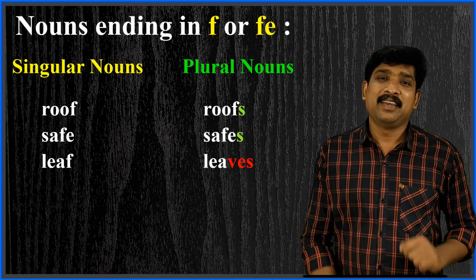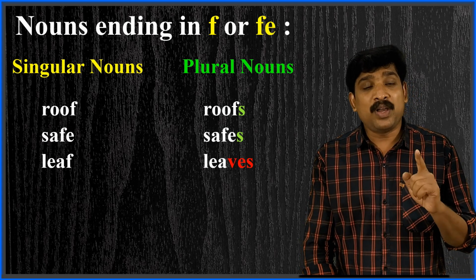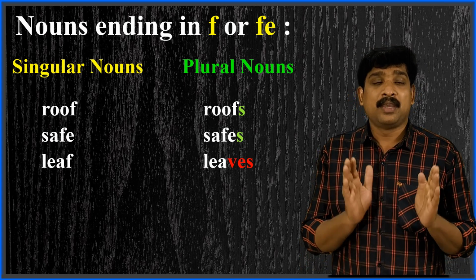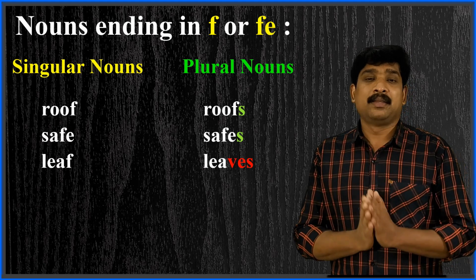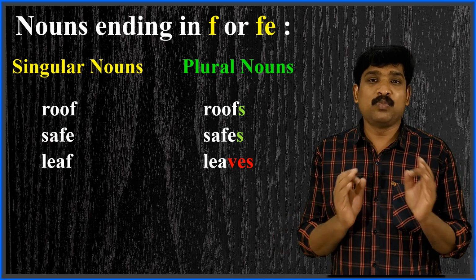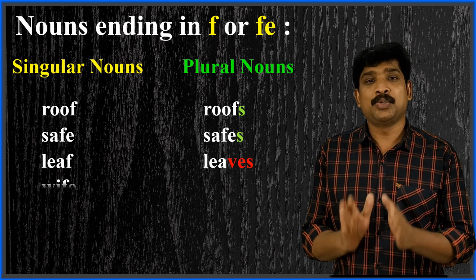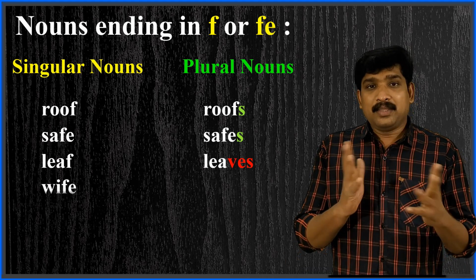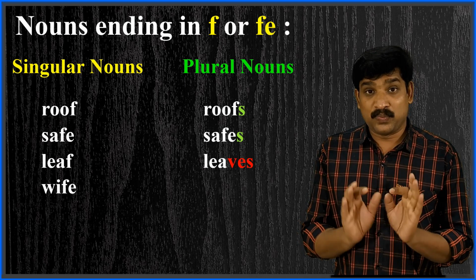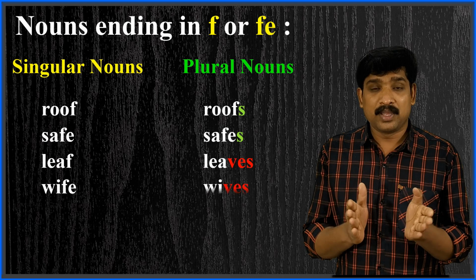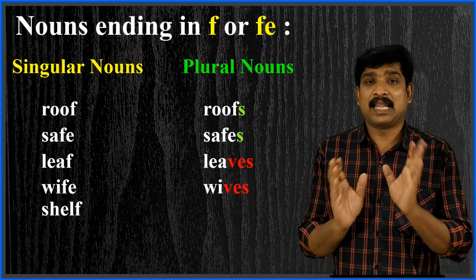Oh yes, sometimes in English, a word ending in F becomes a word ending VES in plural. But that's not a rule. But some words end in VES. You just have to learn that. Another word, wife, and again, wives, VES. Shelf, again, VES ending, shelves.